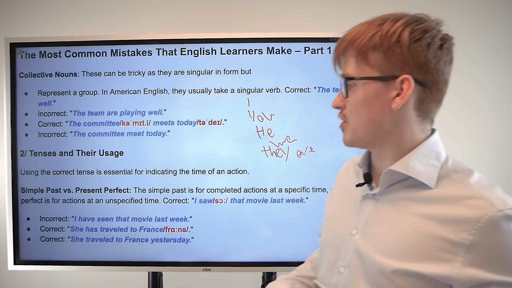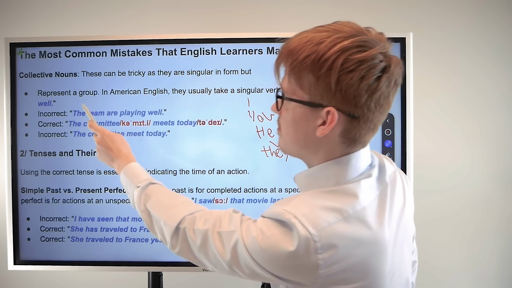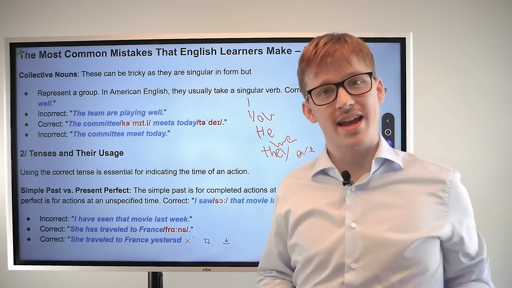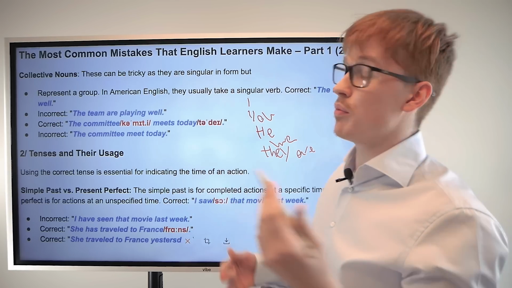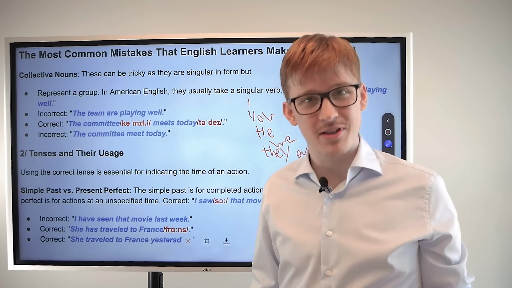So you would think that you need to say the team, where are we? So the team are playing well. But what we would say in British English is the team is playing well.